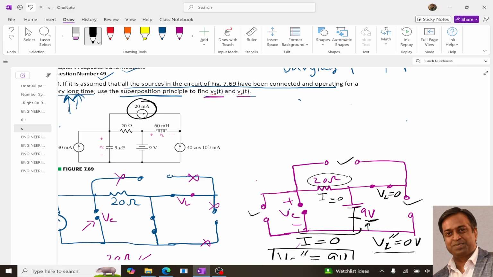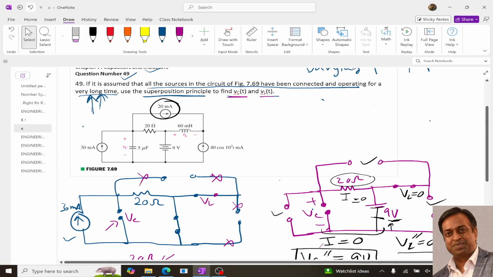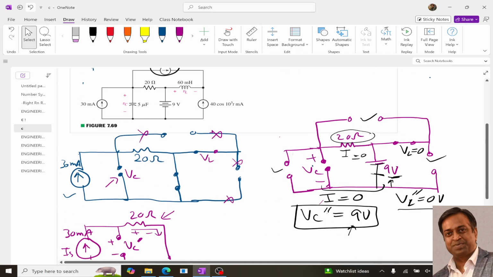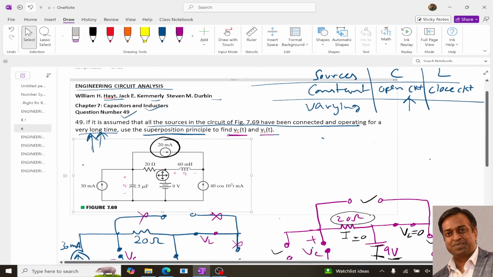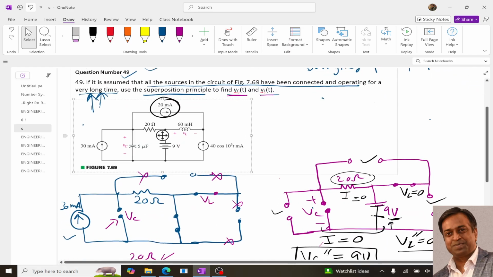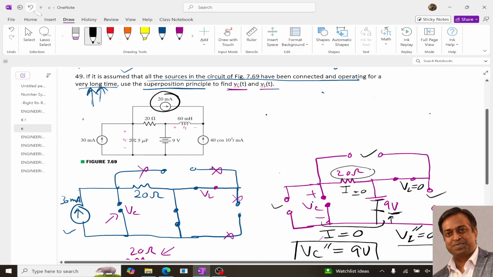Now if I take this as active, let me draw this circuit over here, or let me erase this one.